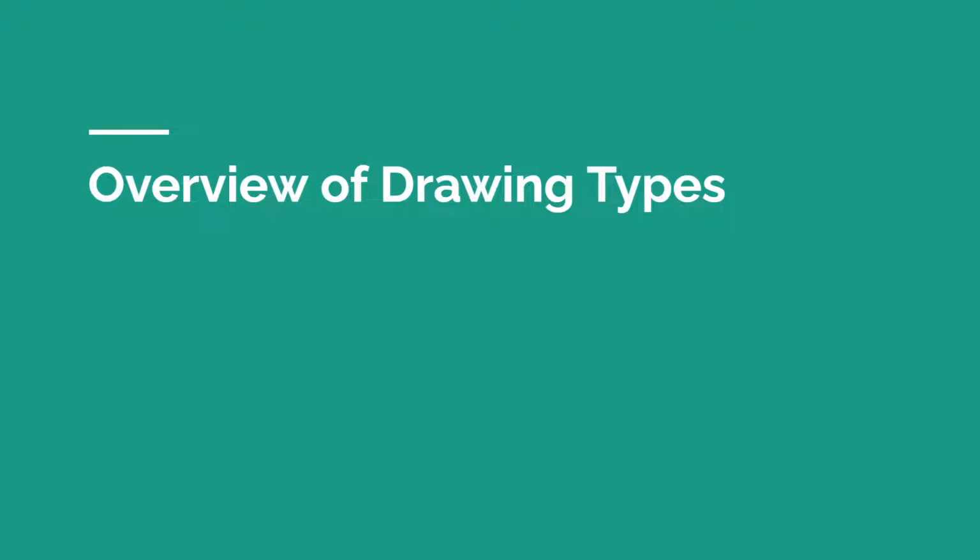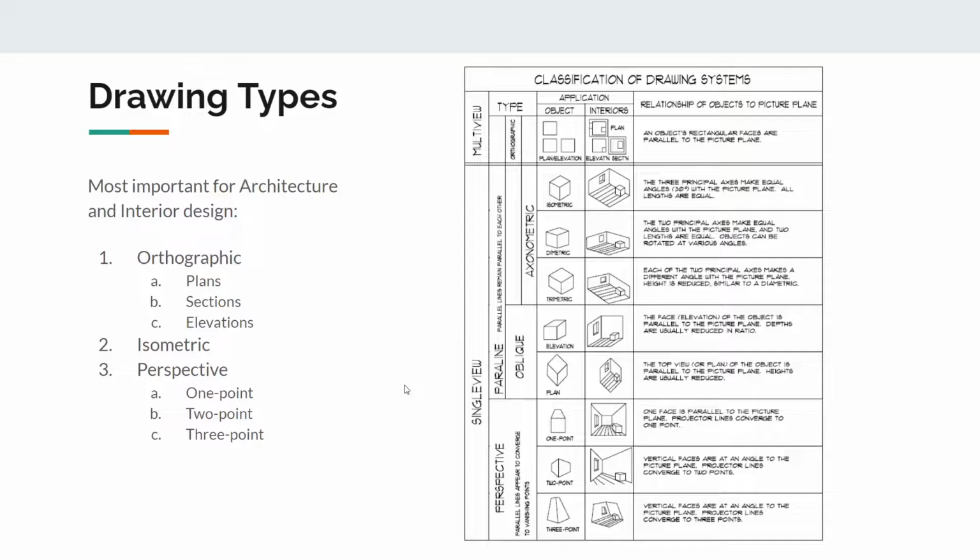Then we're going to take a look at an actual CD set and analyze it and try to understand what is going into it and what you need to be considering whenever you're actually creating this documentation. Here's our overview of our drawing types.